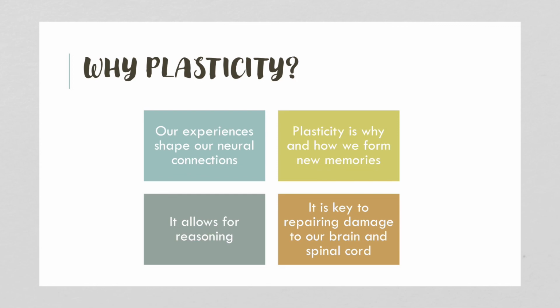So we store a memory when we make a neural connection. And it allows for us to be able to reason. That's part of the reason that we are higher order organisms, because we can reason and make those connections between, if this happens, then this will happen. It is also the key to repairing damage to our brain and our spinal cord.